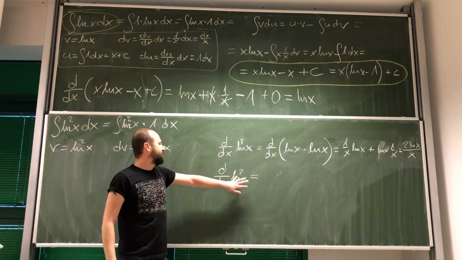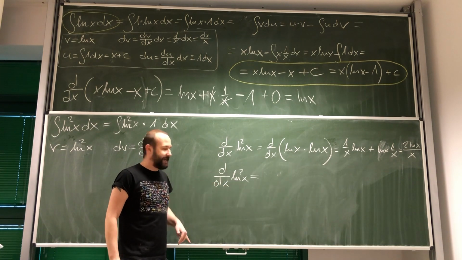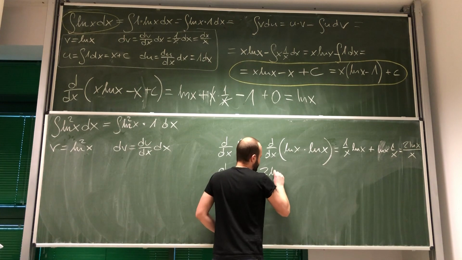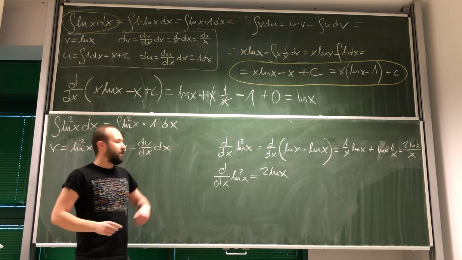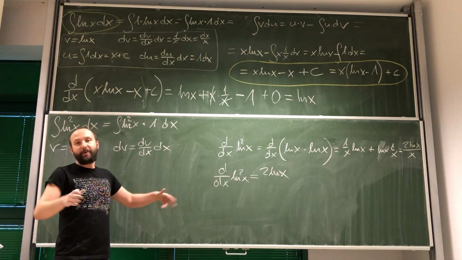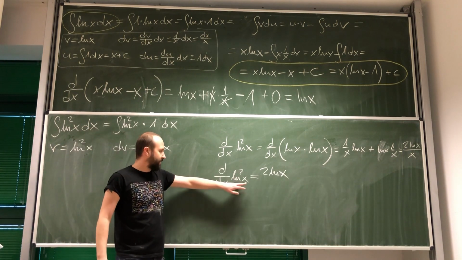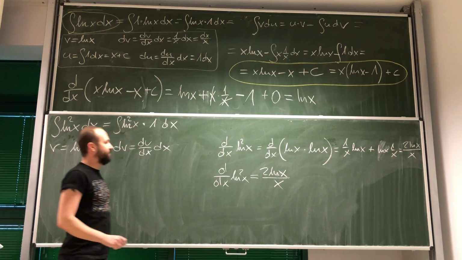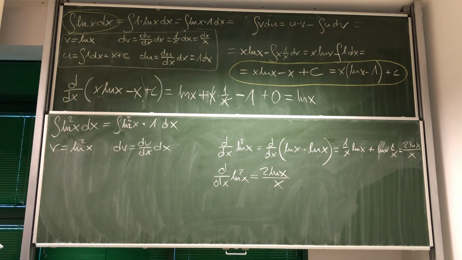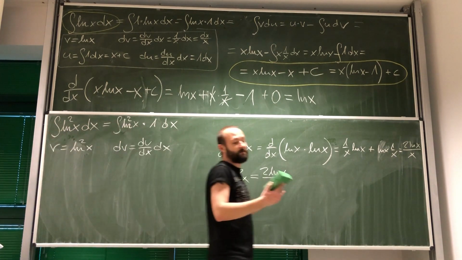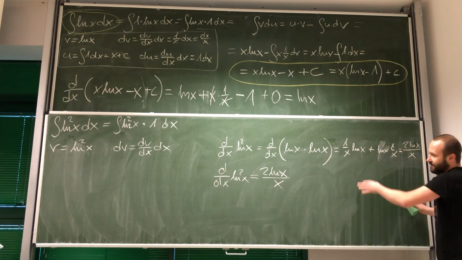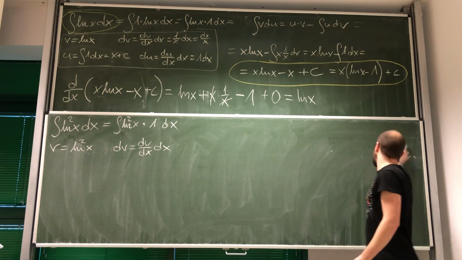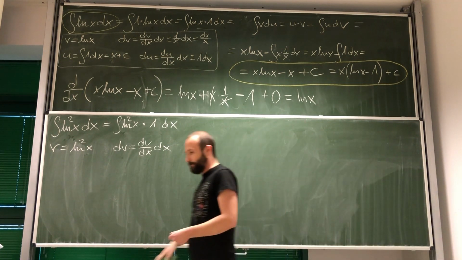If we assume that t is, for example, ln x, the derivative would be 2t, so 2 ln x, multiplied by the derivative of the inside function. The derivative of the inside function is 1 over x, so we've got divided by x. But as you see, it doesn't really matter which rule we are using, which of course makes perfect sense, we are getting exactly the same outcome.